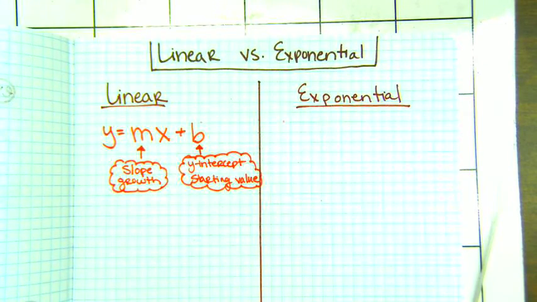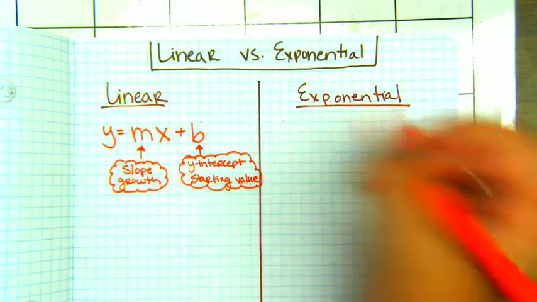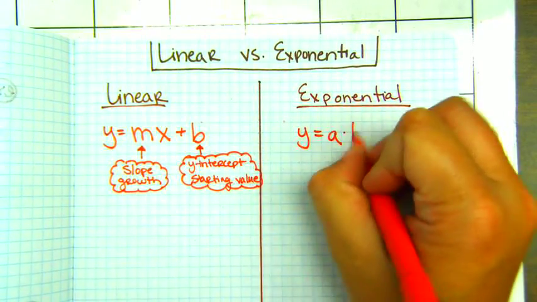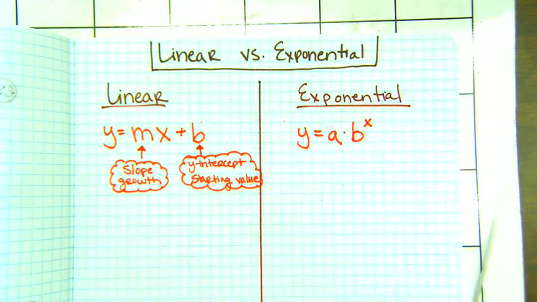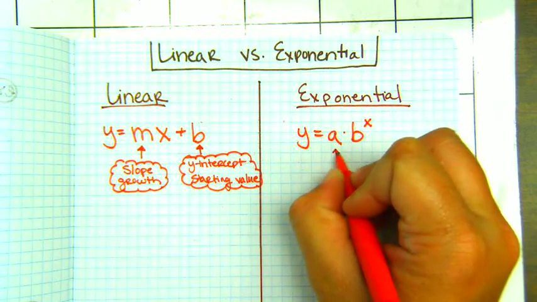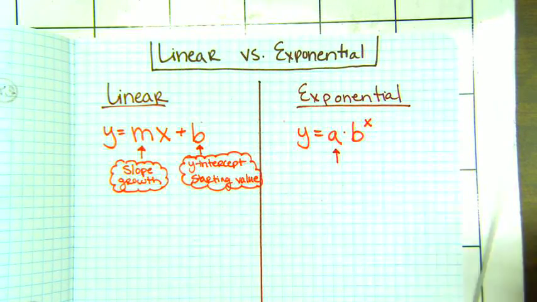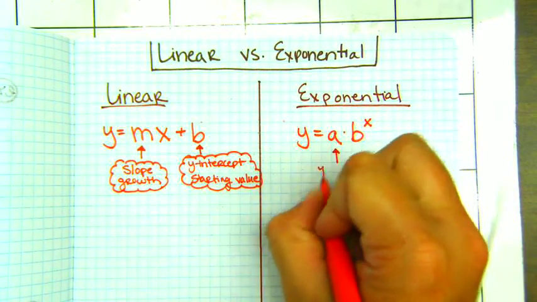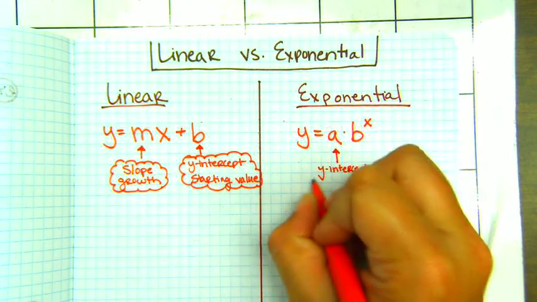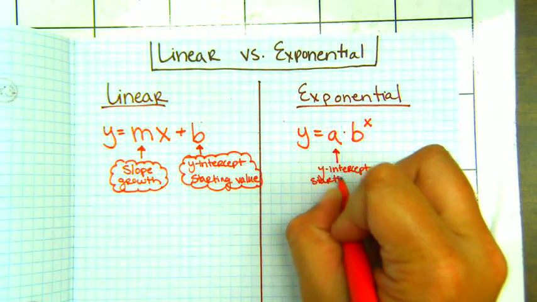For an exponential function, the standard form is y equals a times b to the x. So in this one we have that x in the exponent. In the exponential function, a represents what? a represents the y-intercept or the starting value, again, however you want to say it.